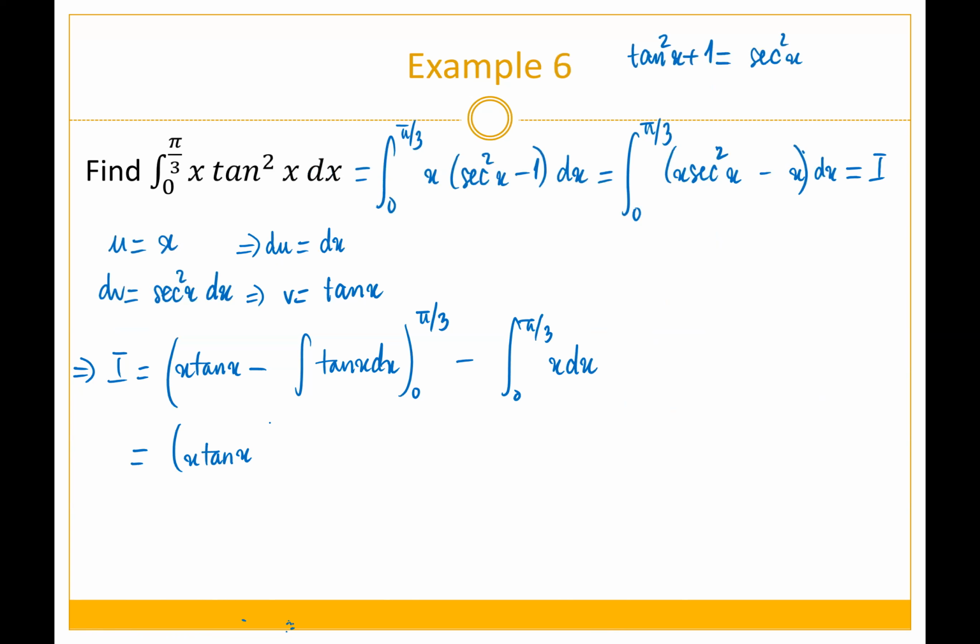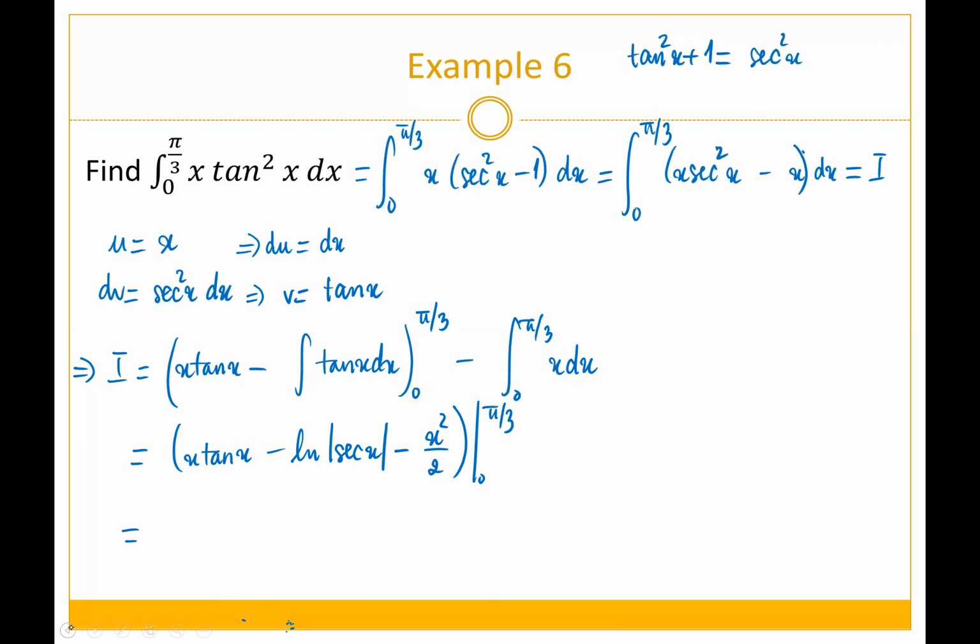We have the integral of tangent, a special one that I told you guys you need to know sometimes, but it's not very specific. So that's going to be ln of secant x, and then we have this x over here, so the integral of that is just x squared over 2. Then we plug in pi over 3 and 0 for each of them.